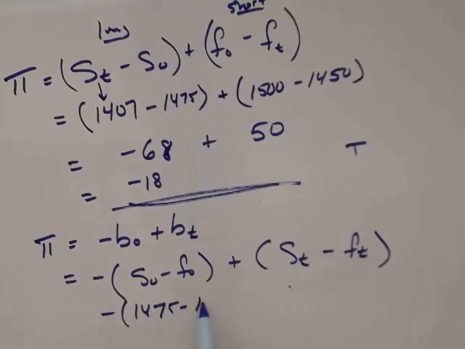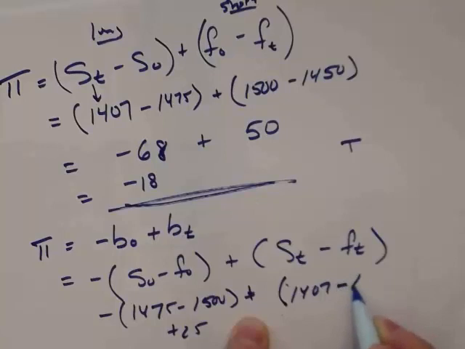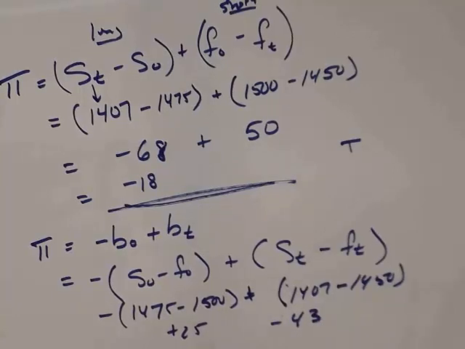1475 minus 1500. Okay, this basis at the time was 25. The basis right here at the time we put the position on, and the basis when we lifted the hedge, that basis was, let's see, 1407 minus 1450, and that basis was minus 43, and that's where we lose the $18.